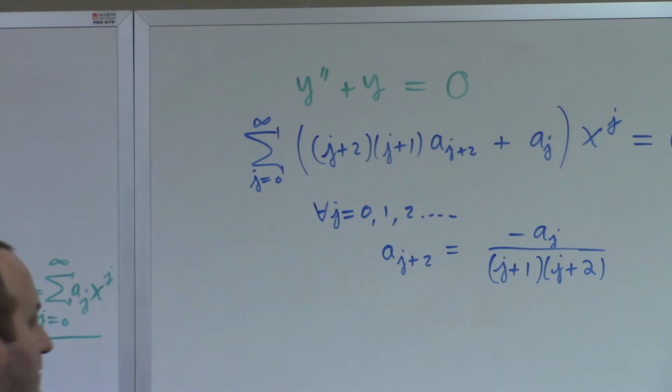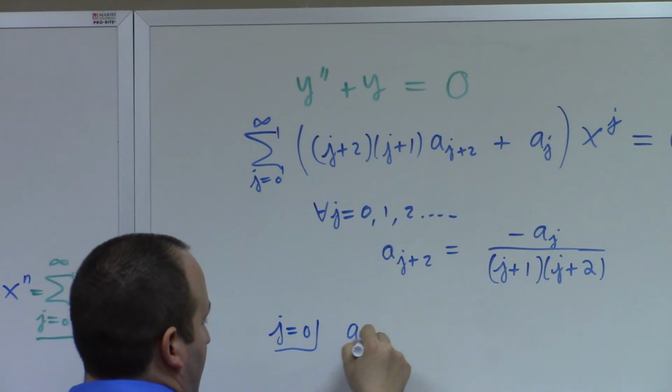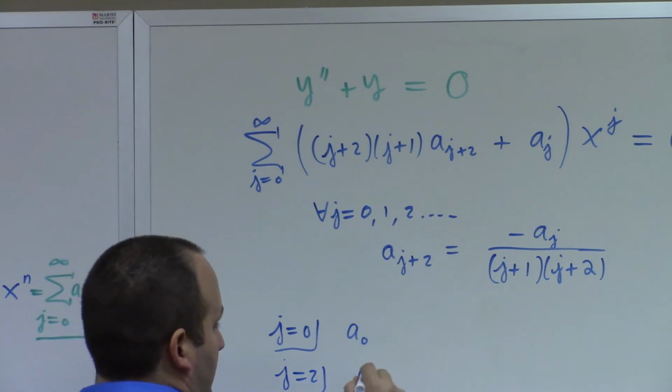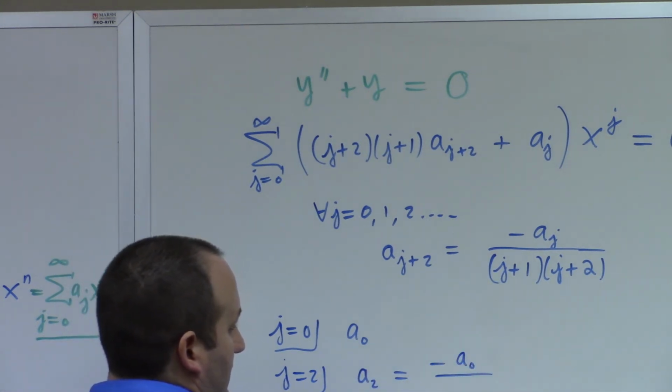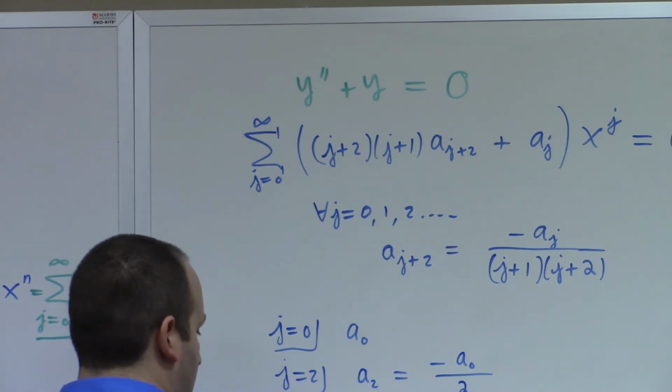So if we start with j equal to 0, we've got a sub 0, right? Then j equals 2, what does that give us? Well, a sub 2 is equal to minus a sub 0 divided by what? 2. Yeah. j equals 4 is what?